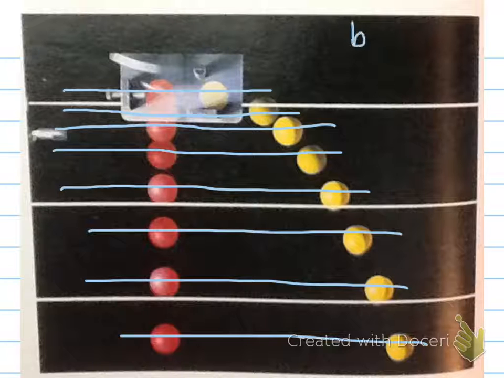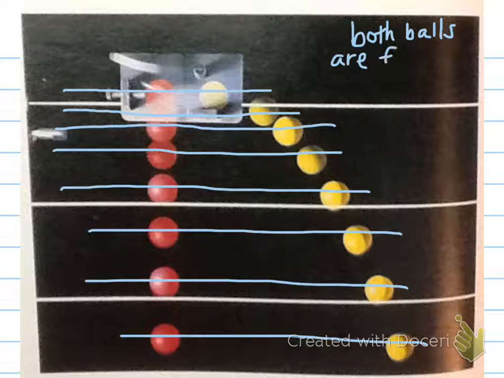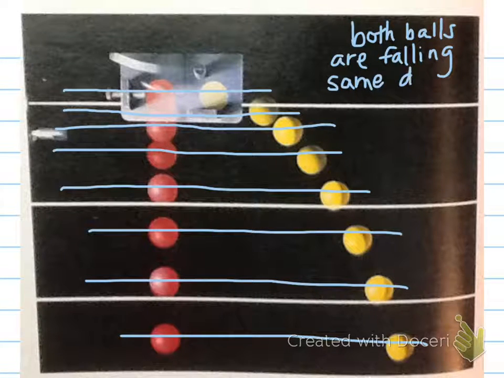So both balls are falling the same distance in each time interval.